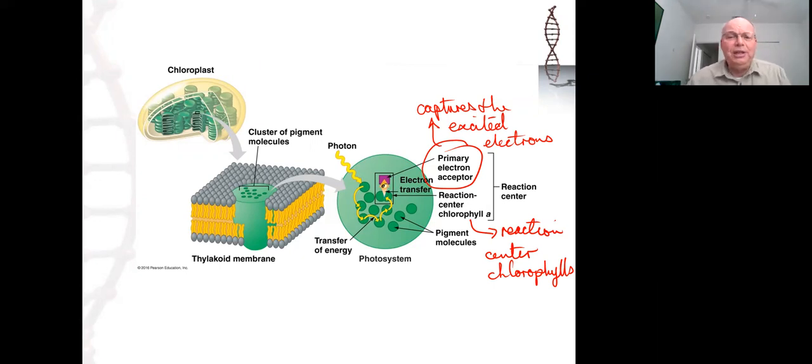But what's interesting as far as a photosystem is concerned is that only the reaction center chlorophylls can make these high energy electrons, but there are some 200 to 300 chlorophyll molecules.